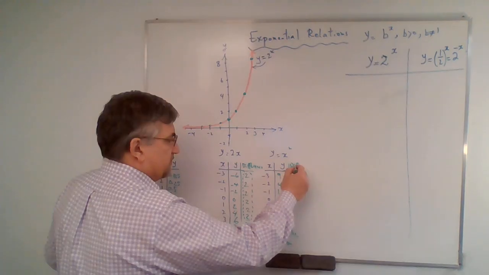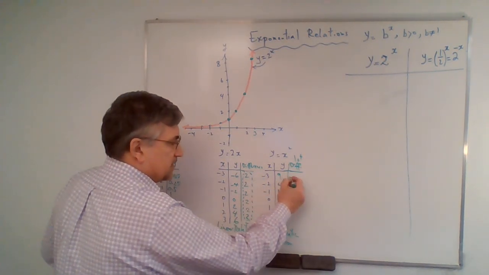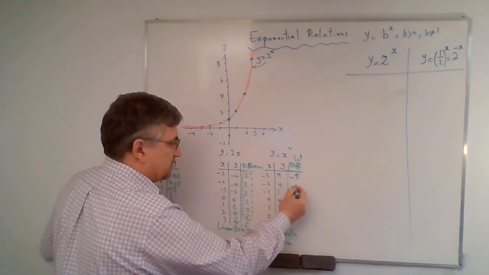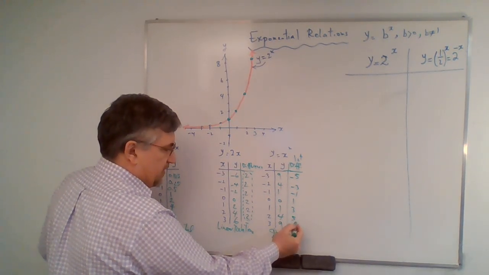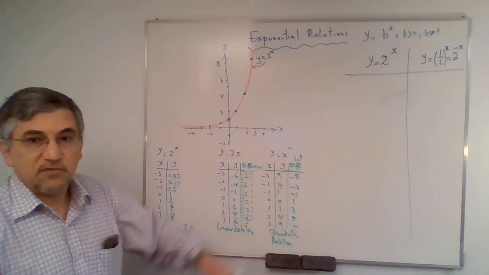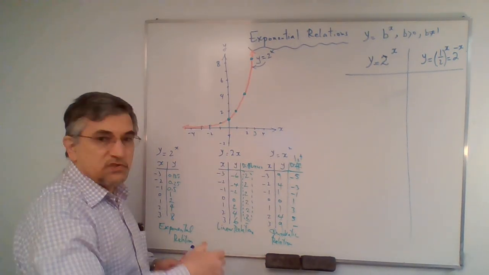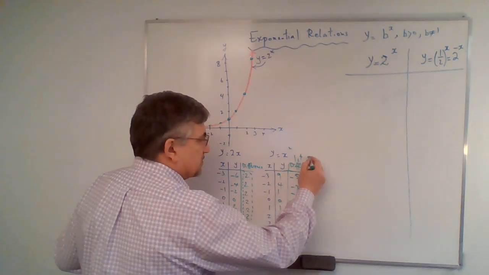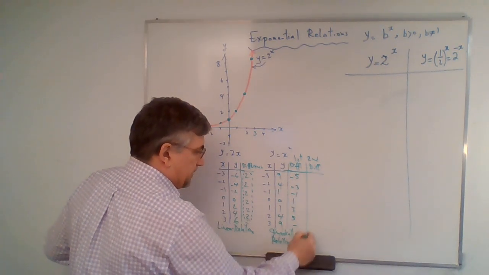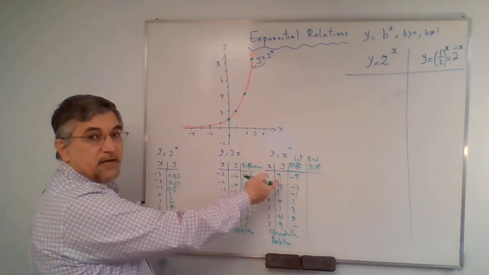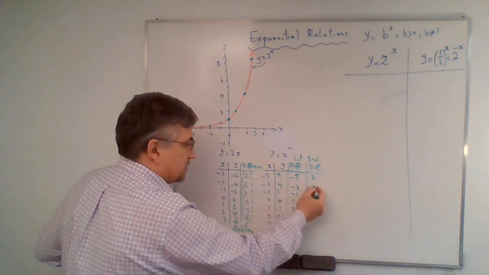Now, in case of quadratic relation, it was not like this. When you find the first differences, 4 minus 9 is -5, 1 minus 4 is -3, then -1, then 1, then 3, 9 minus 4 is a 5. So you see that they're not the same number top to bottom as they were in linear relations. So we said, okay, why don't we find the second finite differences? We did this last year. So we went -3 minus 5, which is a 2, -1 minus 3, that's a 2.